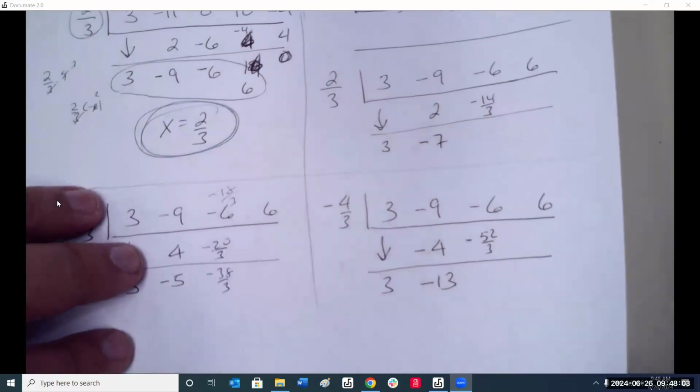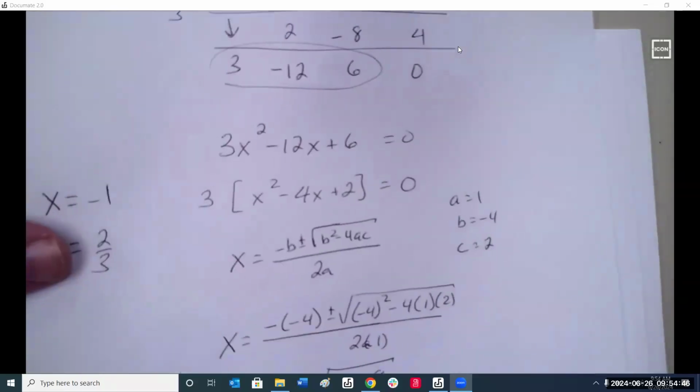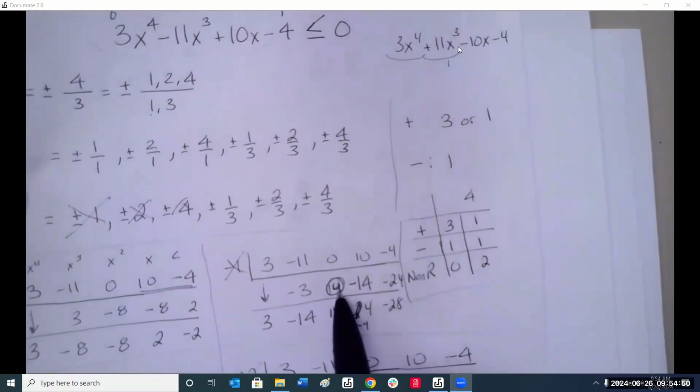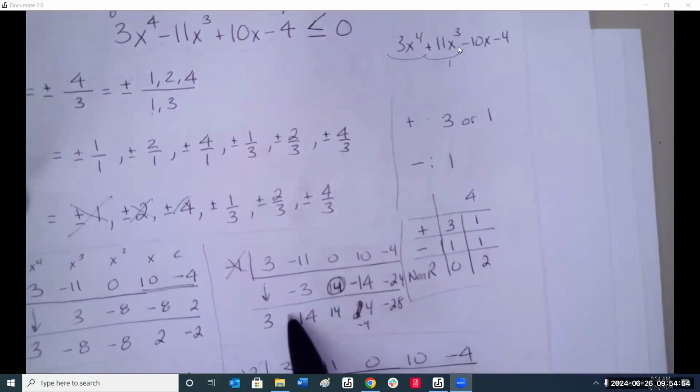That's not going to work. It's -10. Nope, that's not going to work. Okay, I found the error I made. Is right here. I didn't put this one where I was supposed to. I put it over here.